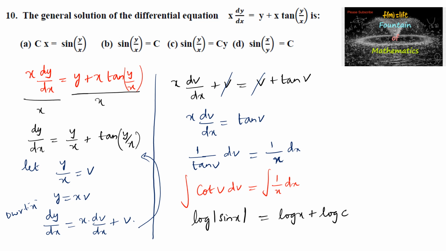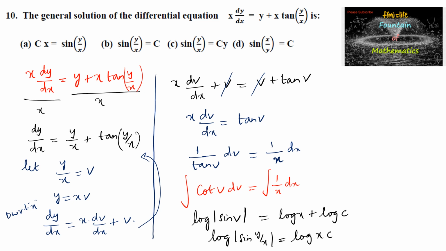So we can write log of mod sin v, replacing back y by x, is equal to log x plus log c, which is log of x into c.